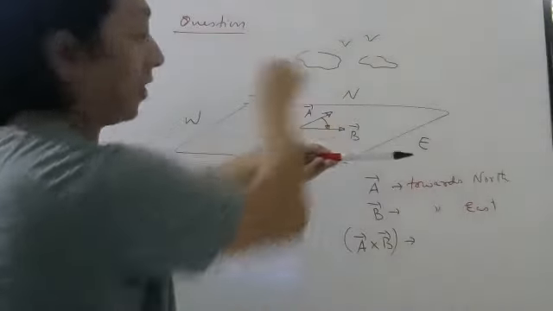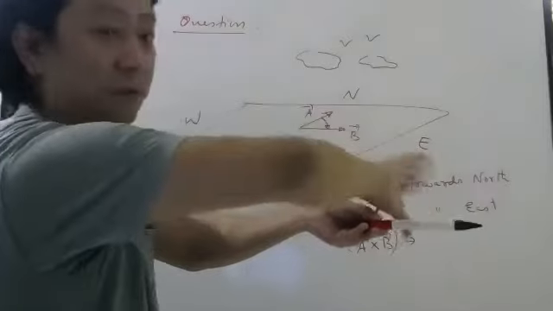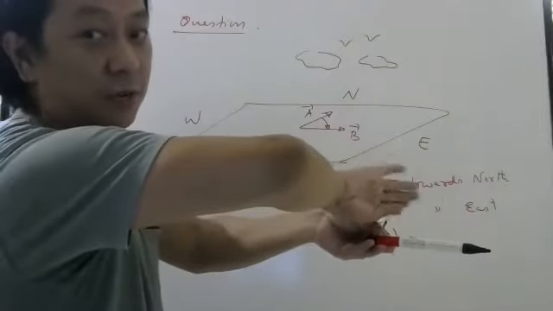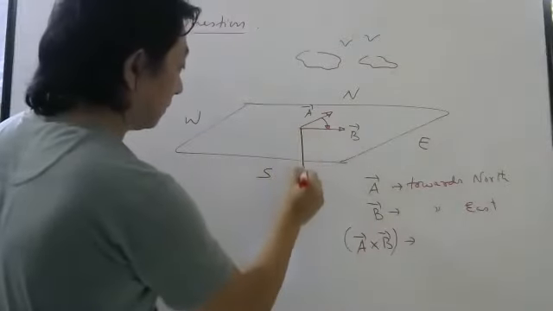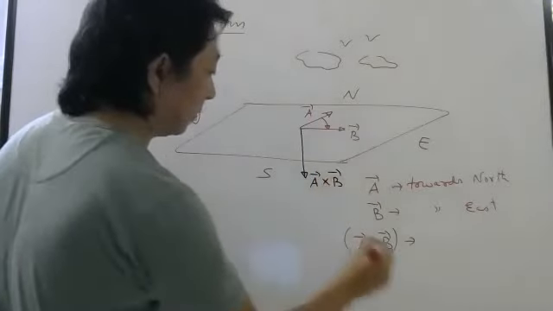So this is the first vector, north. This is the second vector. So A cross B will be down. You have to curl your fingers from the first vector to the second vector, so the cross product will be down. So the answer will be down.